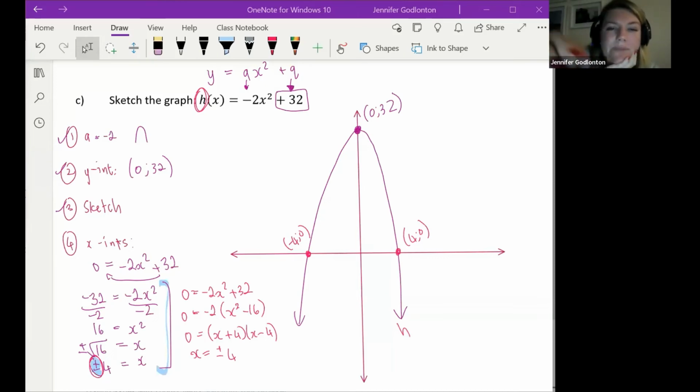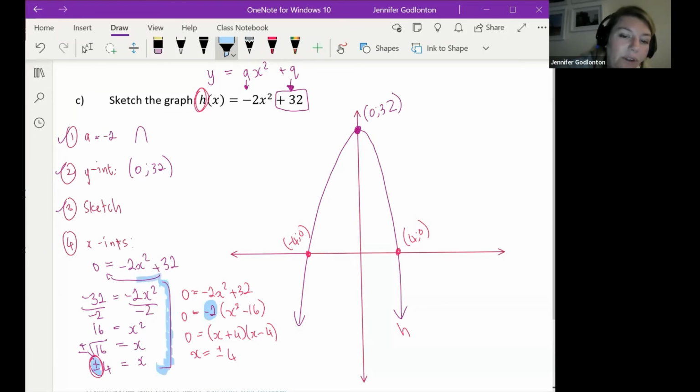Okay, so what we did here was we took out a highest common factor of -2. That's all I did in that step over there. But what you might find easier is this version over here that's highlighted. All we've done there is we followed it like a normal equation.